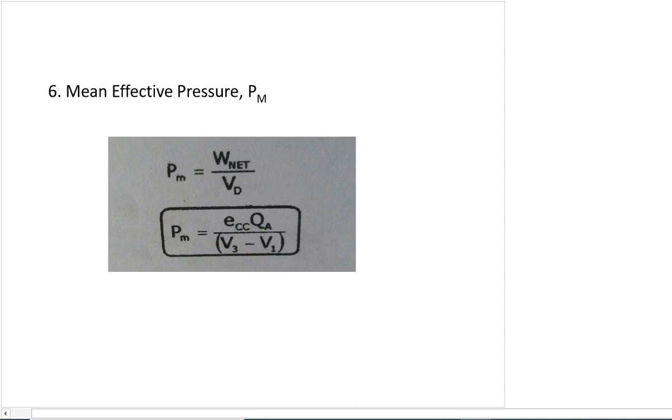Sometimes sa volume displace, that is the piston displacement or the one we said, VD equivalent to L times area times number of revolution sa diesel.